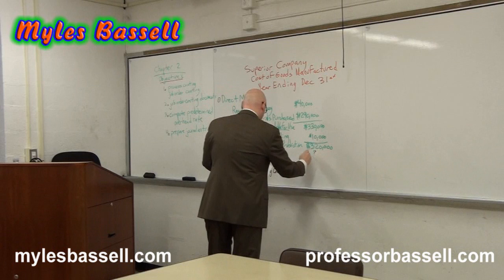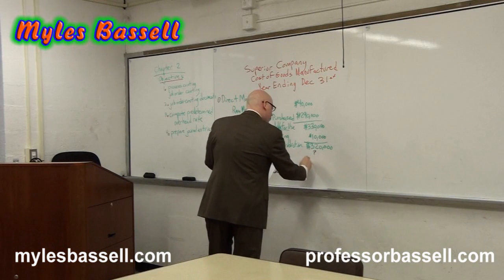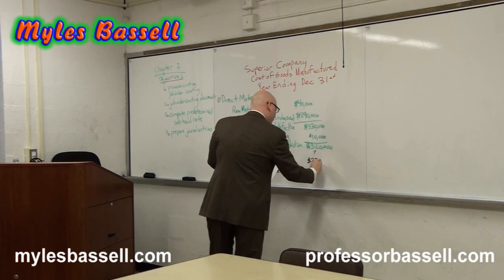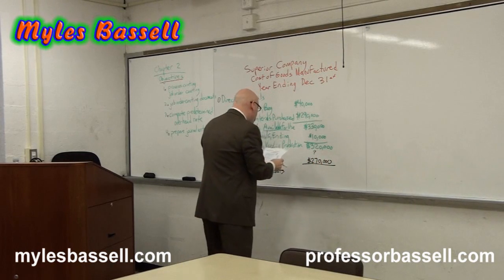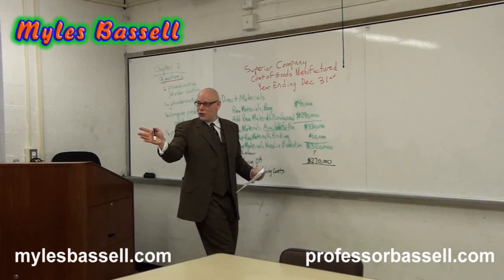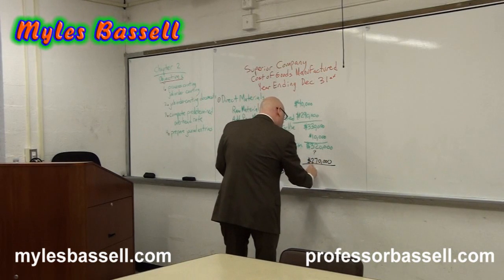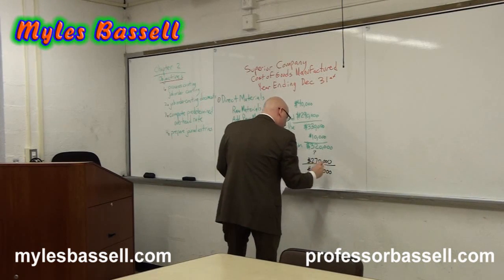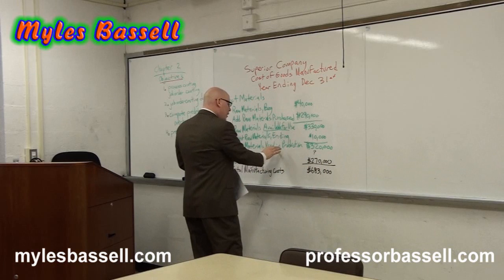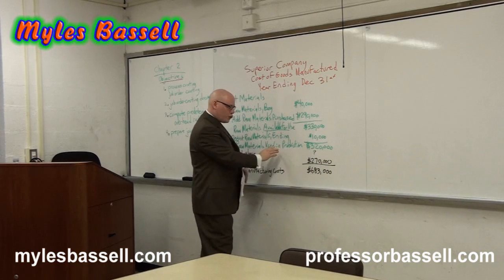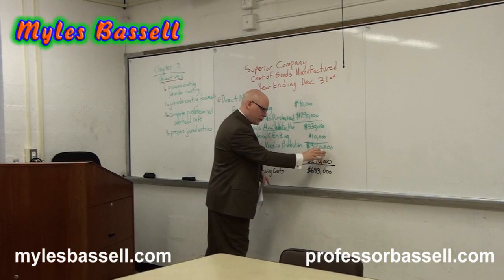How much is that? $270,000 is manufacturing overhead. And they tell us that total manufacturing cost is $683,000. So this involves a little bit of critical thinking. We calculated just now that the raw materials used in production is $320,000.